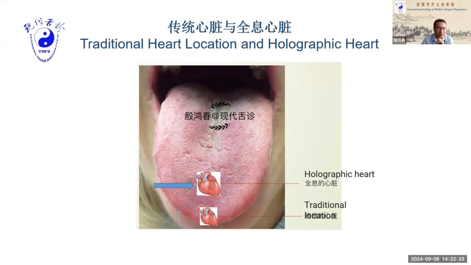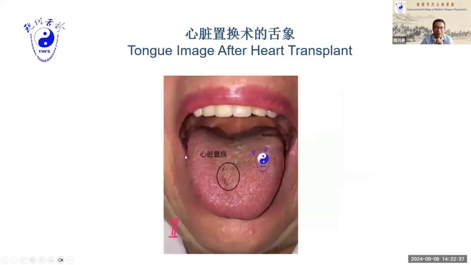To achieve this, I also made a lot of effort, because this tongue picture let me make the tongue holographic heart position.